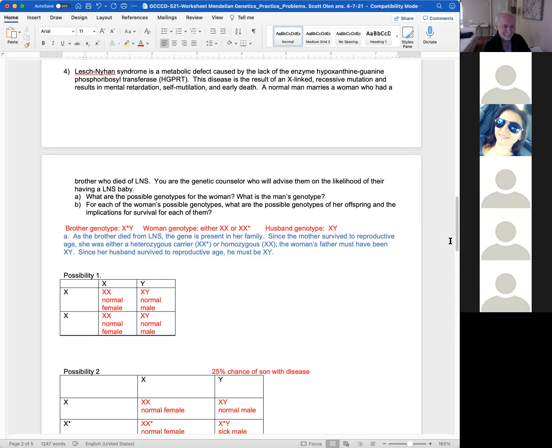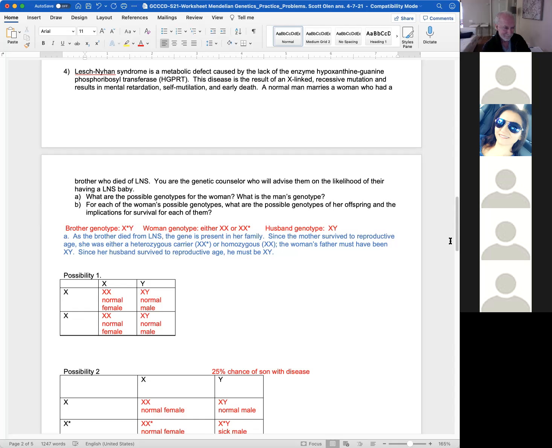So is this an autosomal or a sex-linked disease? X-linked, sex-linked, right? So it's a recessive mutation. Therefore, in order to have this, a woman either needs to have 2 X mutants or a man has to have 1 X mutant. All right.